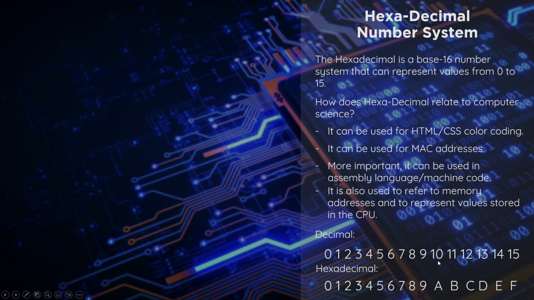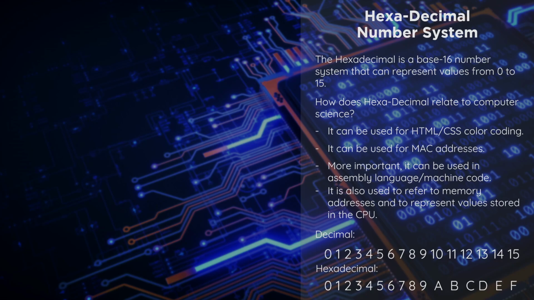We have 10, which is listed down as A. 11 is B. 12 is C. 13 is D, 14 is E, 15 is F. These are the 16 default value for hexadecimal.